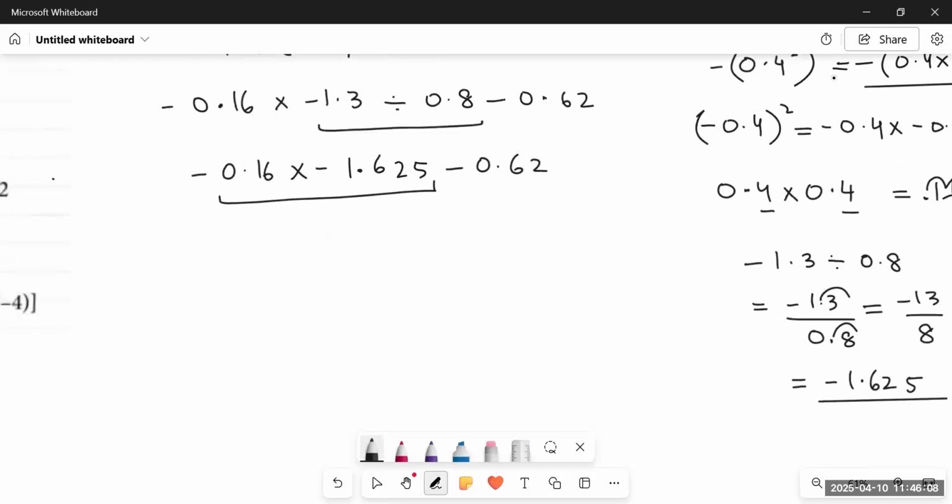When we multiply two negative numbers, the answer is positive. So we will cut down these two minus signs. Now we will multiply 0.16 with 1.625. We'll put the smaller number below. 6 5s are 30, 6 2s are 12.